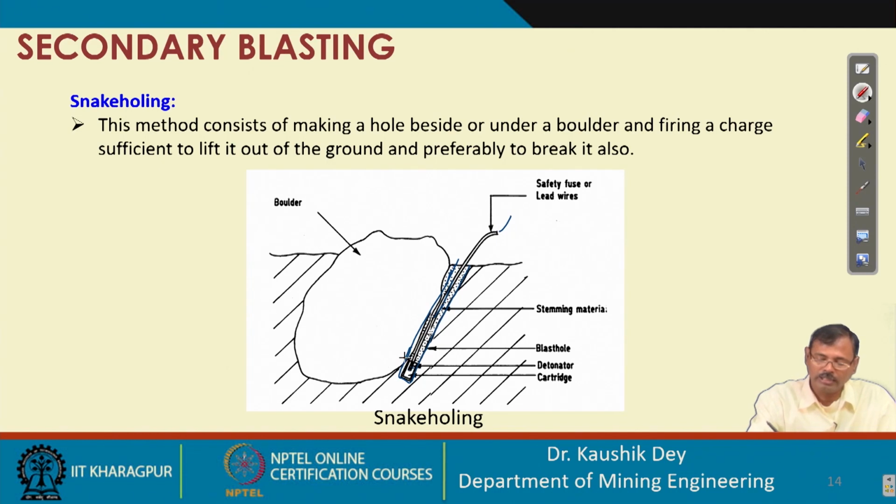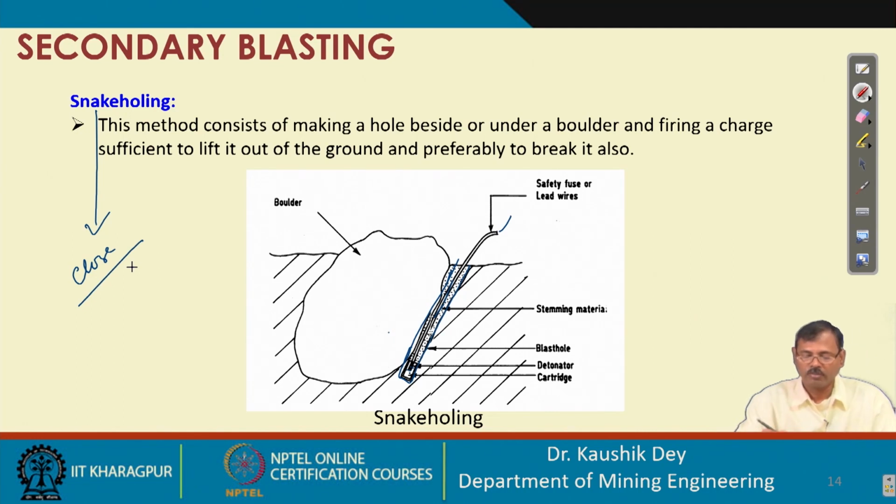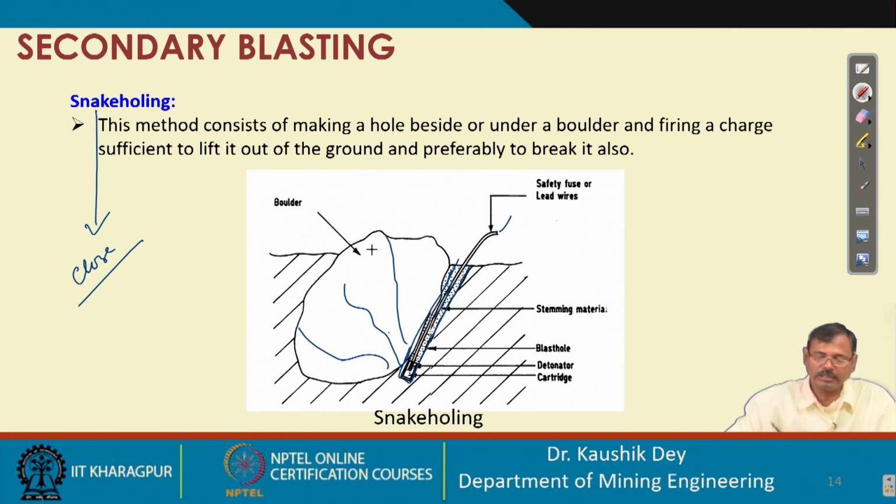So, here the explosive is not directly placed on the boulder, but very close to the boulder. With this effect, cracks are generated in the boulder and it is blasted.